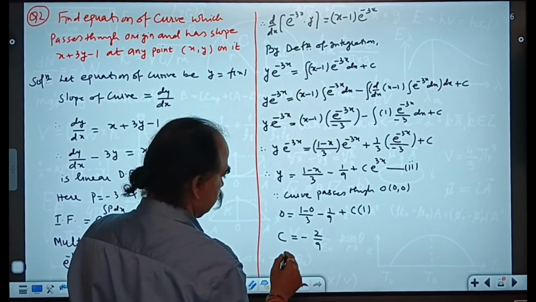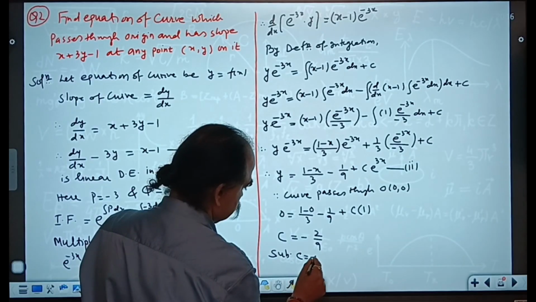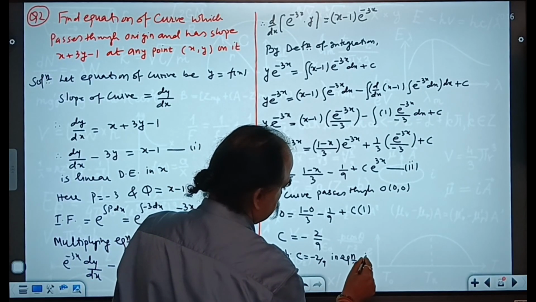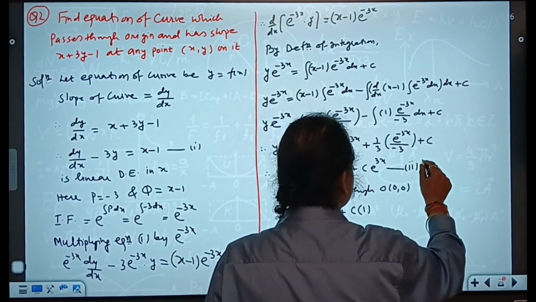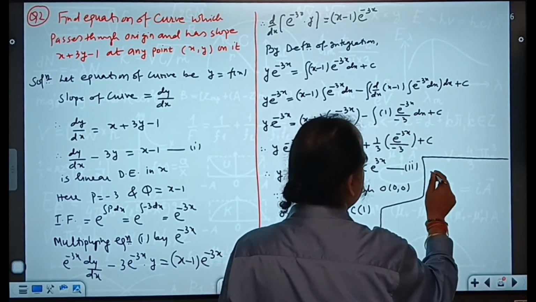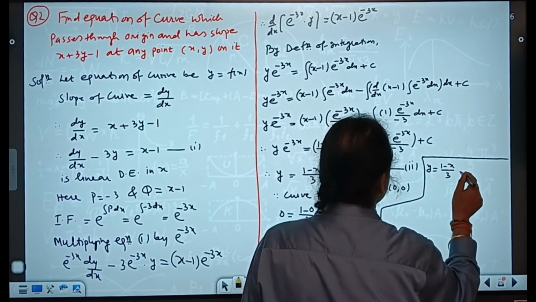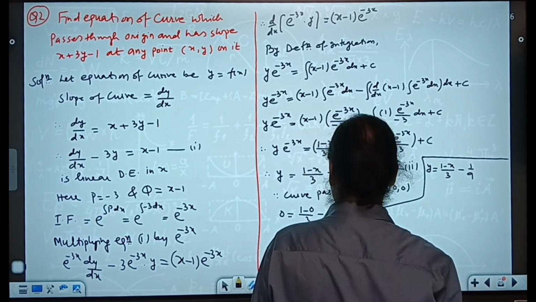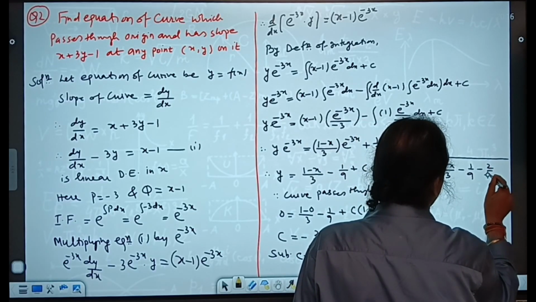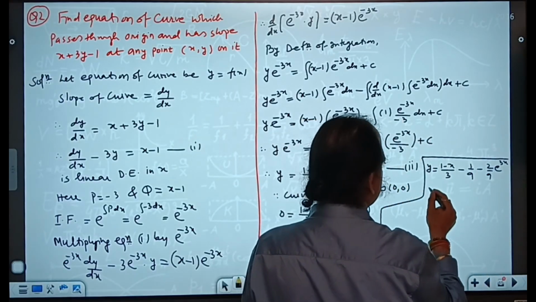Substituting c in equation 2. Y is equal to 1 minus x upon 3 minus 1 by 9 minus 2 by 9 e raised to 3x. You can multiply by 9.